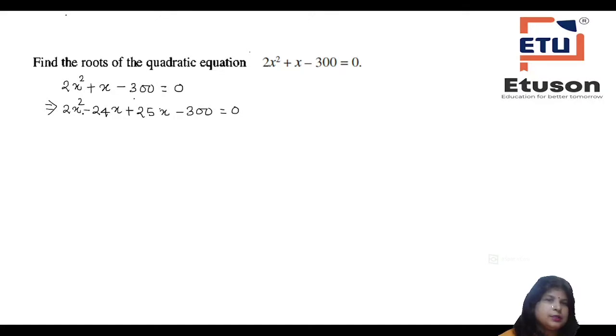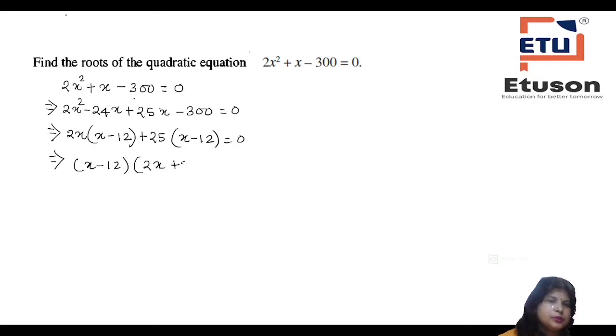So here you can see, if you multiply it is minus 600x square, if you add it is plus x. So now let us take 2x common here. If you take 2x common, you will get x minus 12 plus, again you take 25 common here, you will get x minus 12 equal to 0. So your factors are x minus 12 into 2x plus 25.